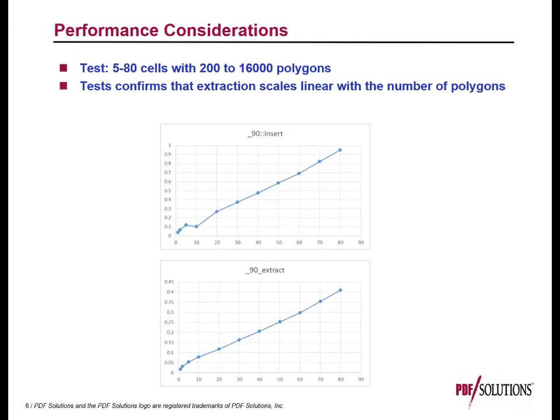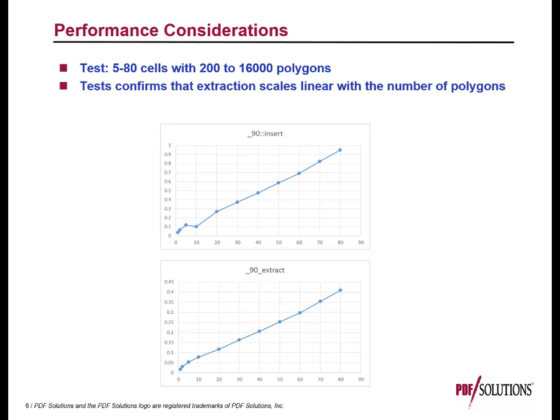Okay, performance considerations. We did some tests where we had some randomly generated cells. We had between 5 and 80 cells. Each of these cells has roughly 200 polygons, so it scales up from 200 to 1600 polygons, and the insert and the extract, as you see, are more or less linear in time, so your 16,000 polygons run in a fraction of a second.